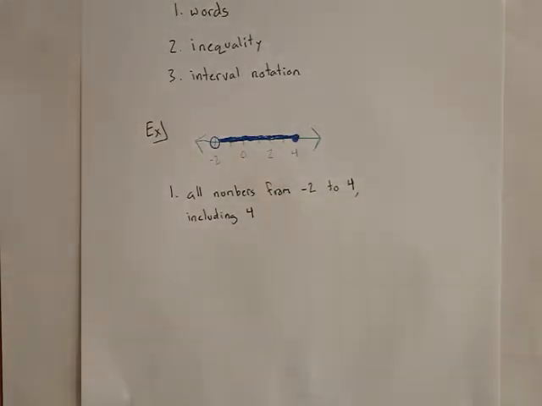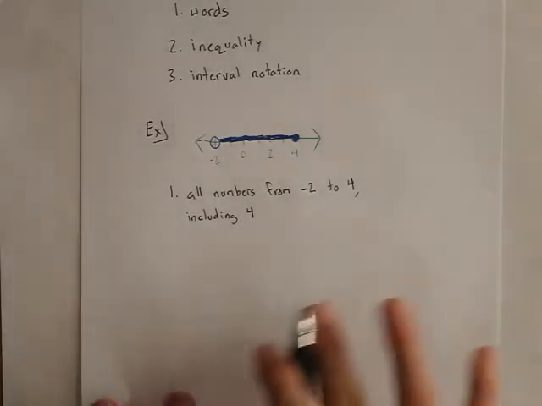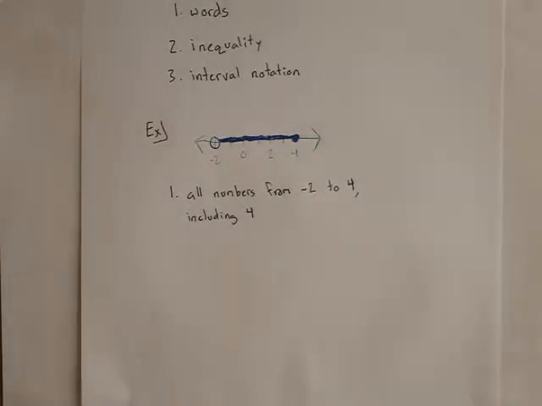I might say not including -2. There's definitely different ways you could describe it. That'd be something that I think a lot of people would put down. So you can see it's not too bad. You're kind of just saying what's going on.